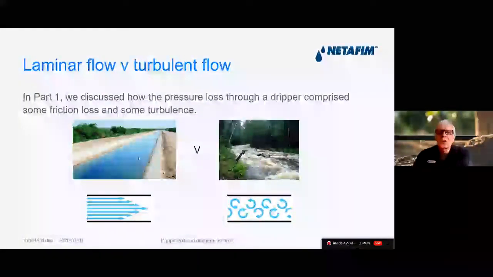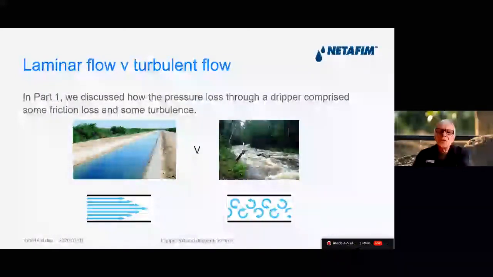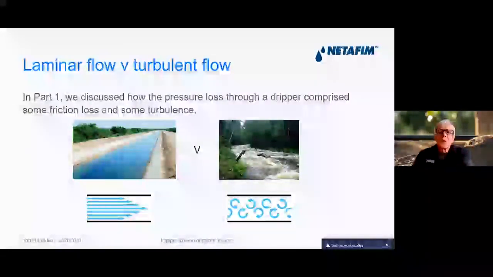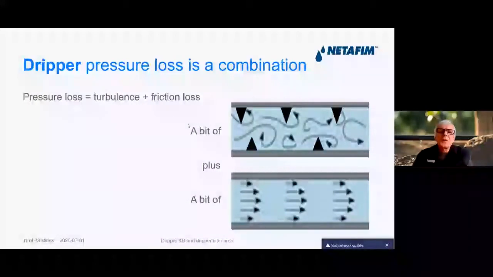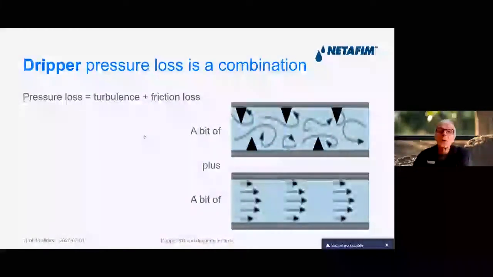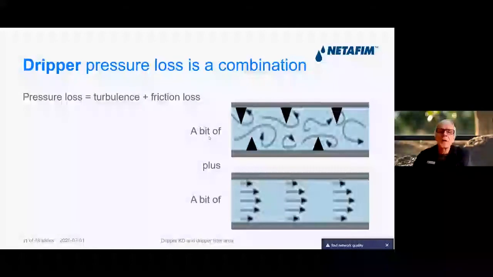And then in the right hand image, turbulence, that's that raging torrent that we see. Within the dripper, therefore, we have a bit of the turbulence that I'm showing here and a bit of the friction loss. In the case of a dripper, we actually wanted more turbulence. The more we could get, the better.